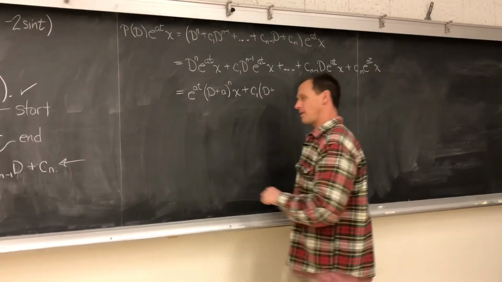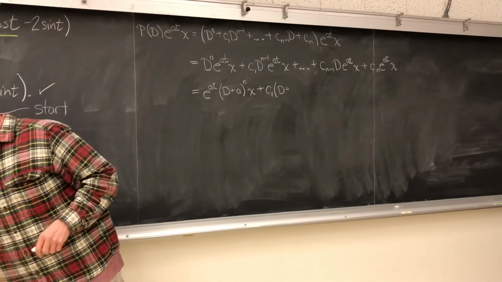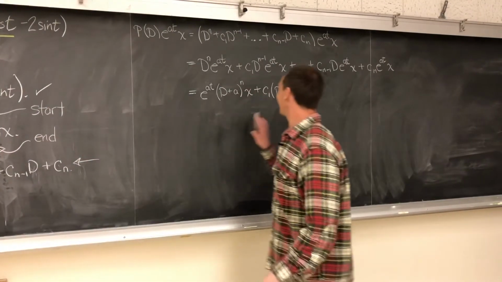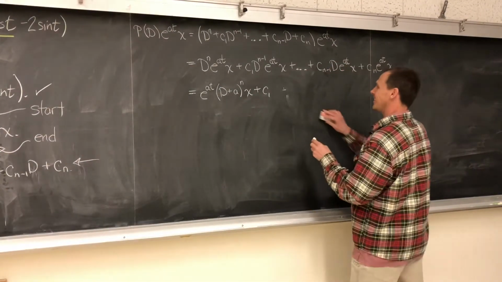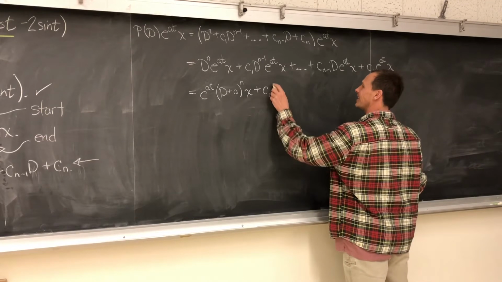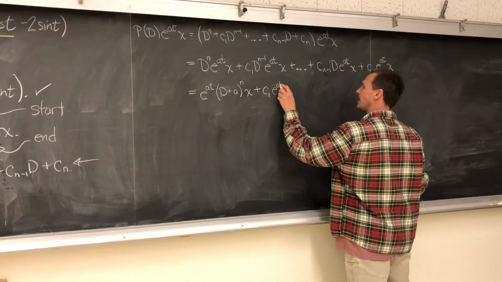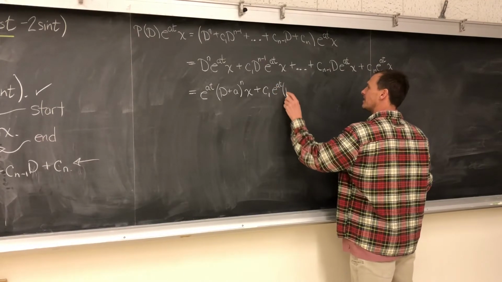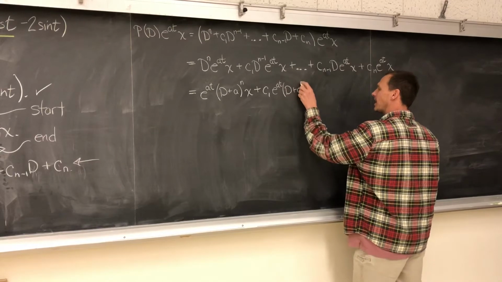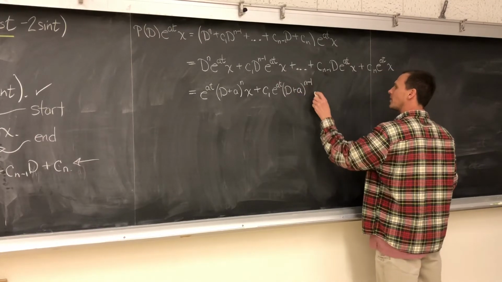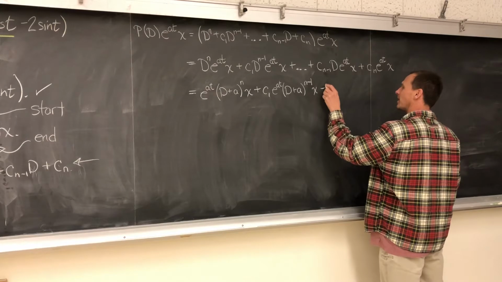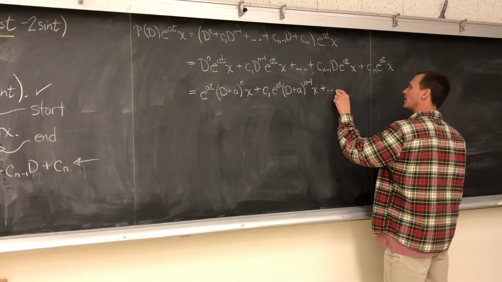This is where you go grab an eraser, which I have one right here. Fix that. This is c1 e to the at, d plus a to the n minus 1, x plus, you continue this pattern, and we're almost done.